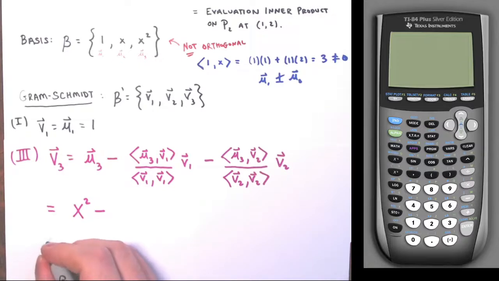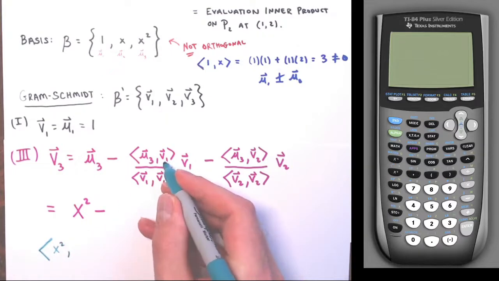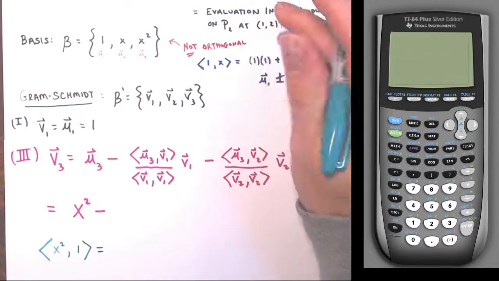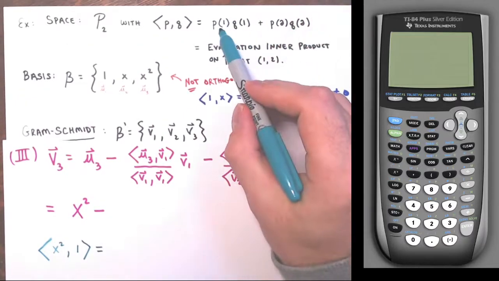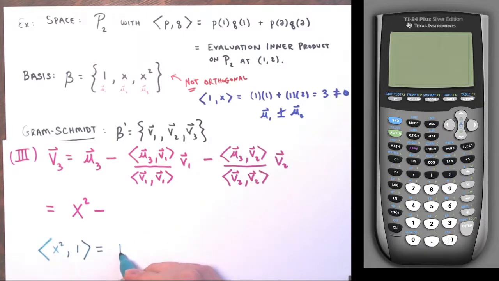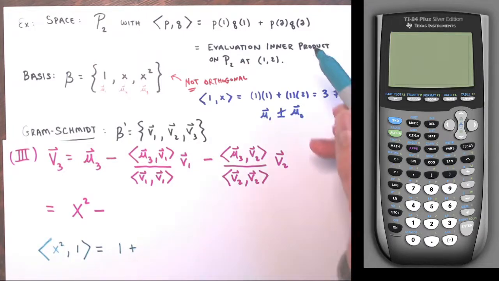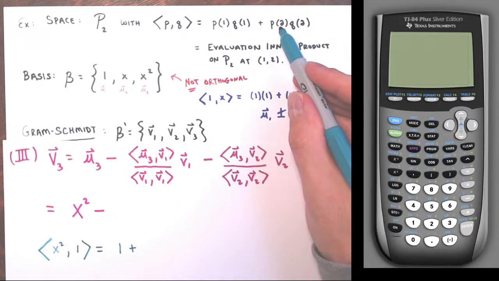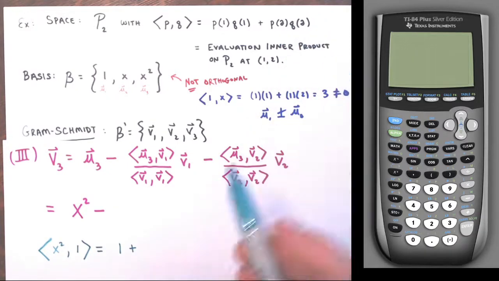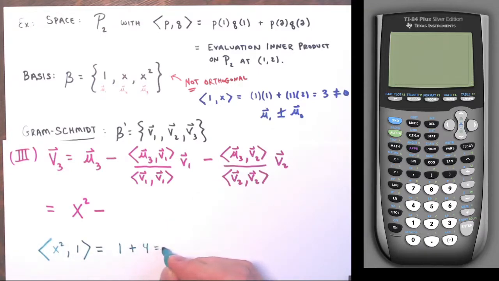Now u3 is x squared and v1 is 1. Going through the rule, the inner product is the first polynomial at 1 times the second polynomial at 1, so 1 times 1, or 1, plus the first polynomial evaluated at 2 times the second polynomial at 2. That's 2 squared times 1, 4 times 1. 1 plus 4 is 5.